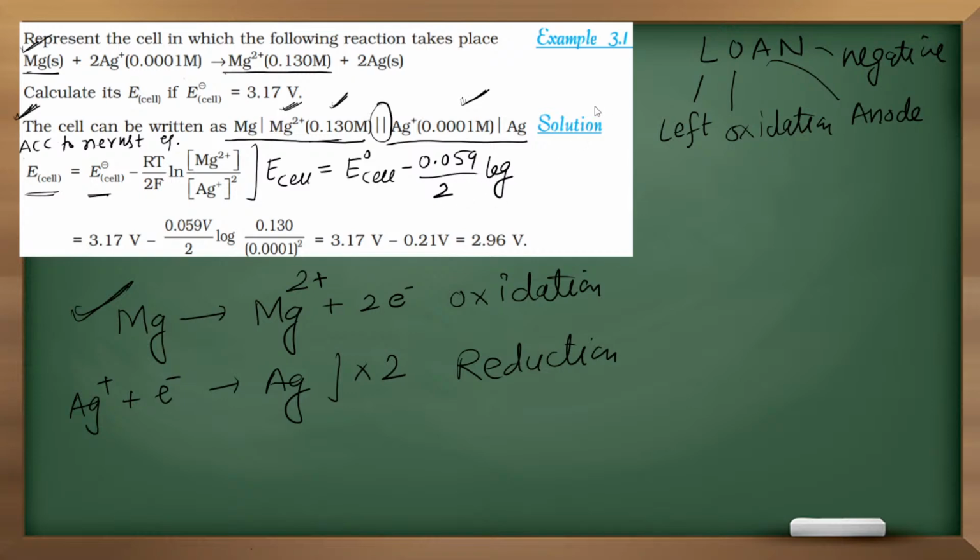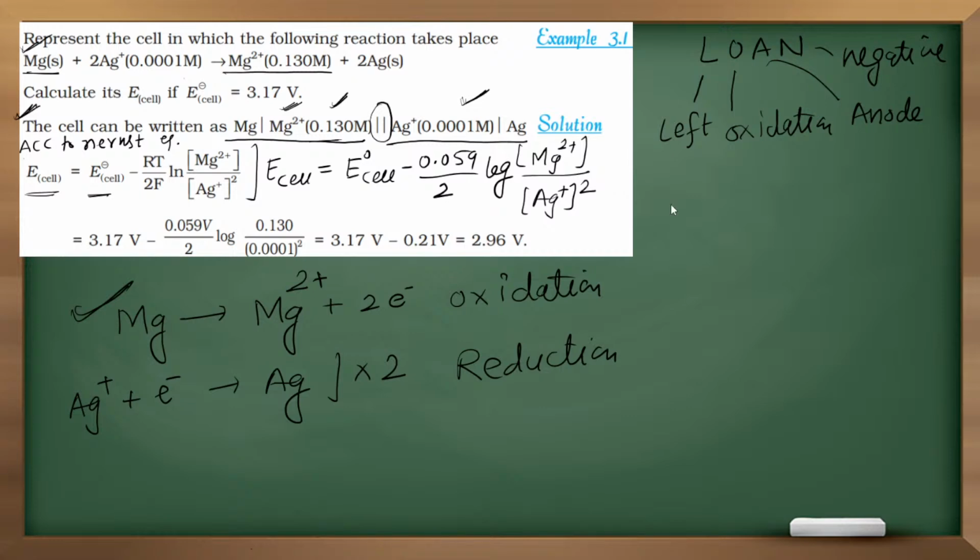Log of product. What is product? Mg2+ raised to power 1 and Ag+ raised to power 2. So 0.130 divided by 0.001 raised to power 2.